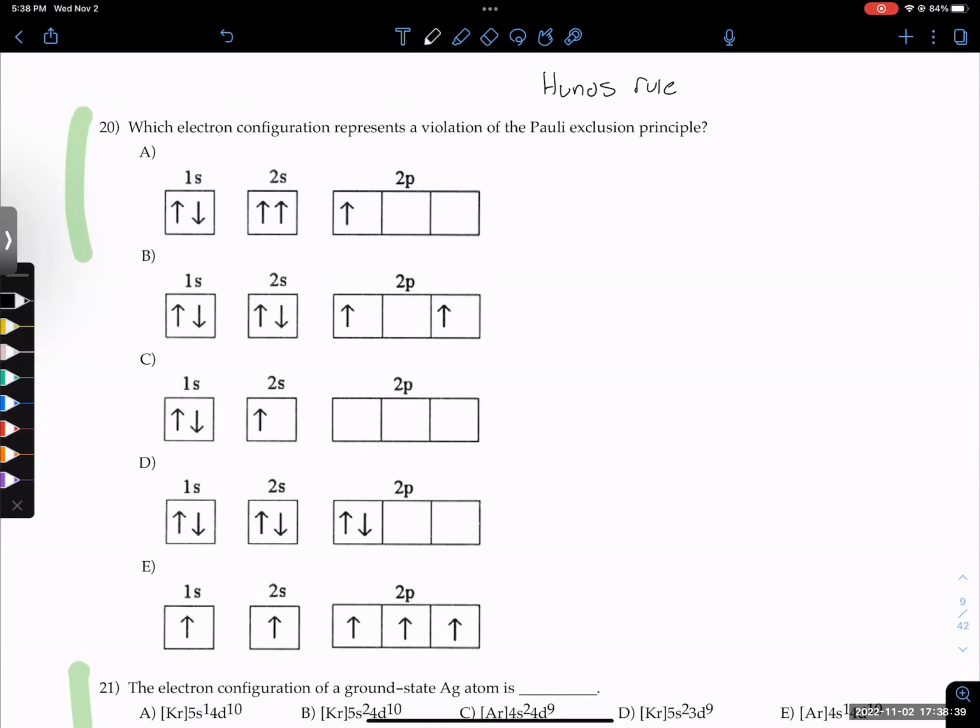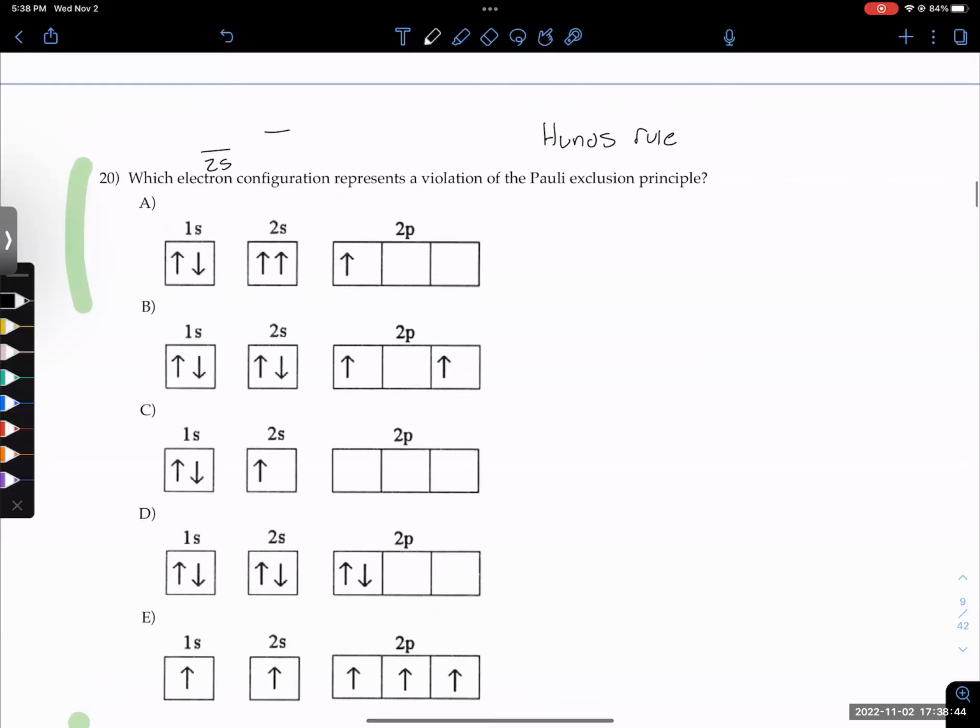If you have your 2s and then your 2p, Hund's rule states that if you're gonna fill an orbital before moving to the next energy level, you have to double it up, right? So 2s goes like that. But if you're gonna fill the 2p subshell, you have to add an electron to each orbital before you start doubling up.